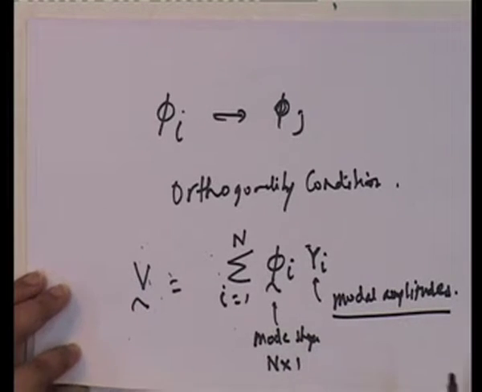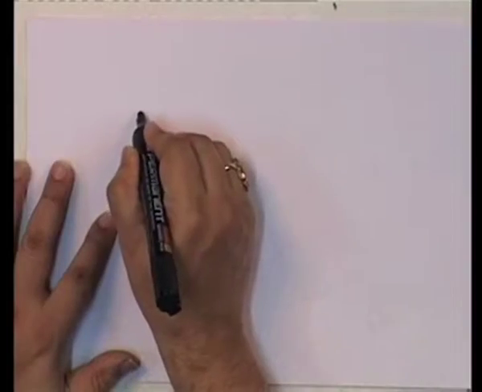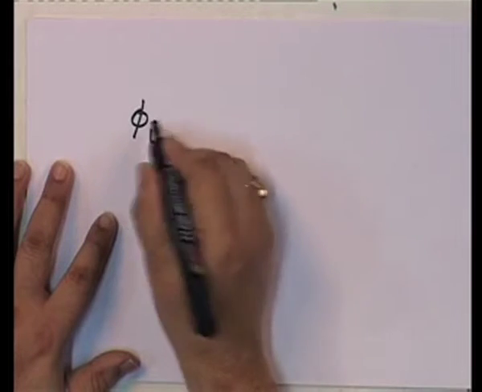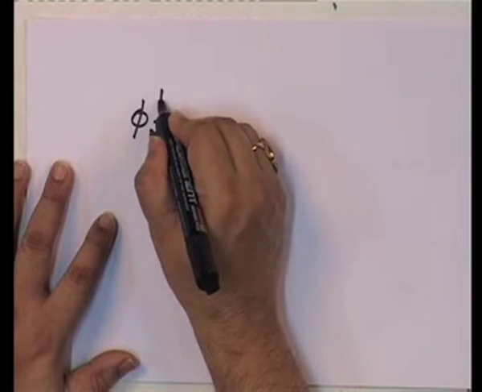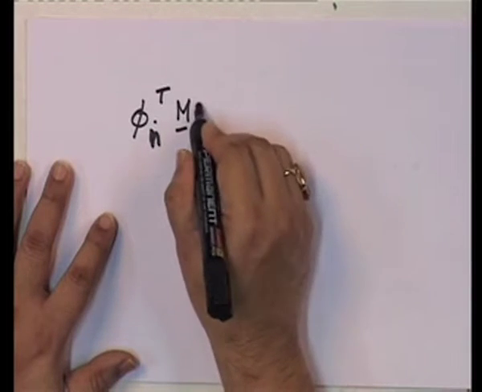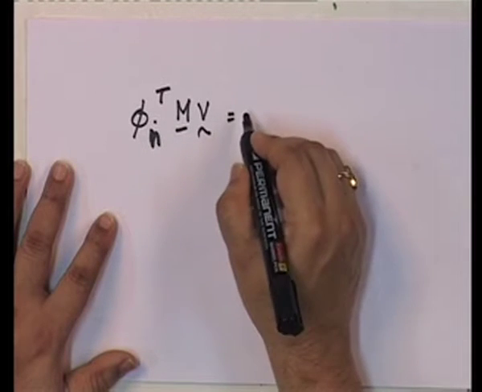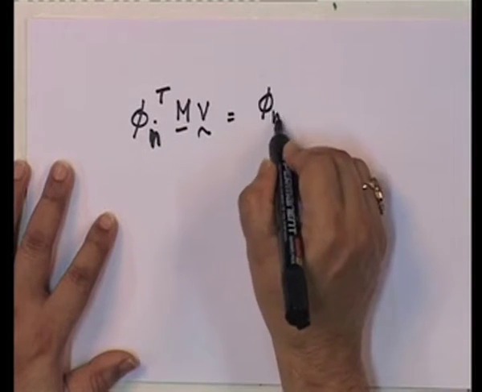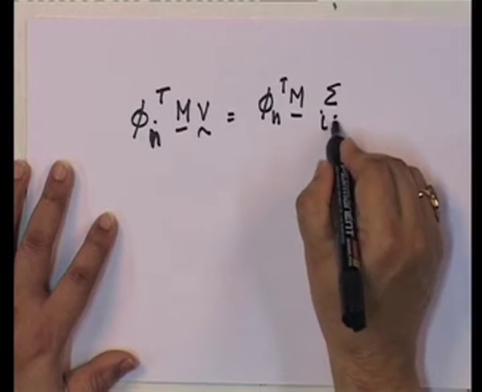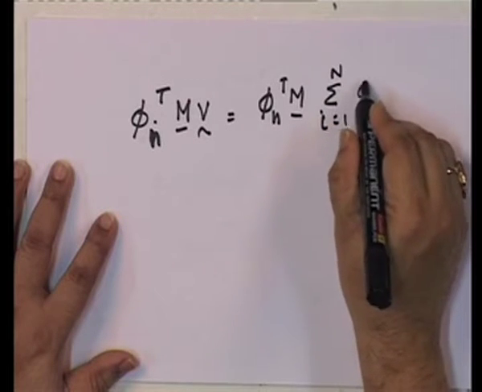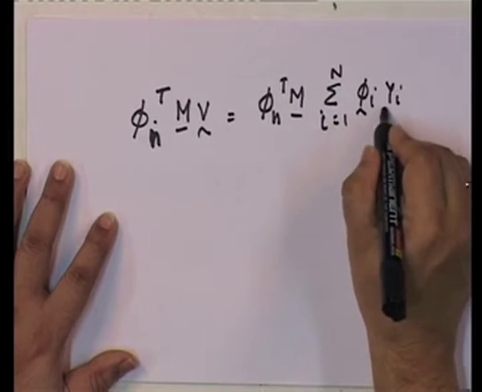Okay. Now, the advantage of this is the following. If I were to pre-multiply both sides by, let us say, phi n transpose m, so phi n transpose m v, then I pre-multiply the right hand side also with phi n transpose m, summation i going from 1 to n of phi i y i, right.